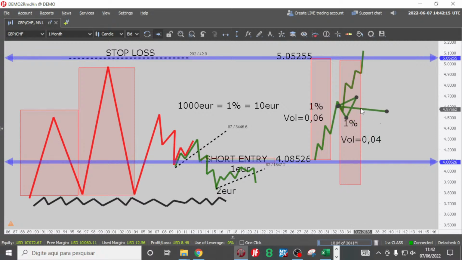Make sense, everybody? You are still going to risk 1%, but because you are entering down in here, you are going to enter with less volume, with less lots. Okay? Then see, did I answer to you how to do this? You are going to enter down in here, but you are going to risk the same 1% and you are going to have the same stop loss level, the same correct stop loss level.